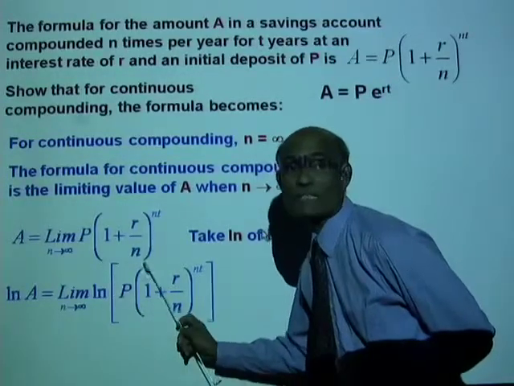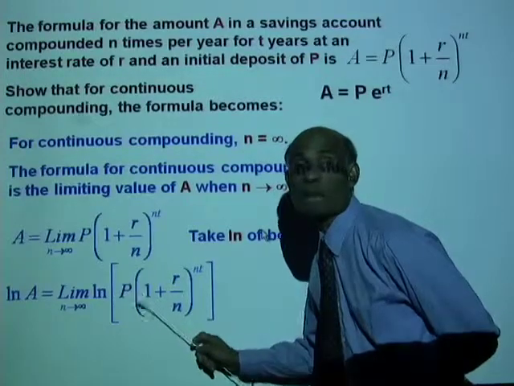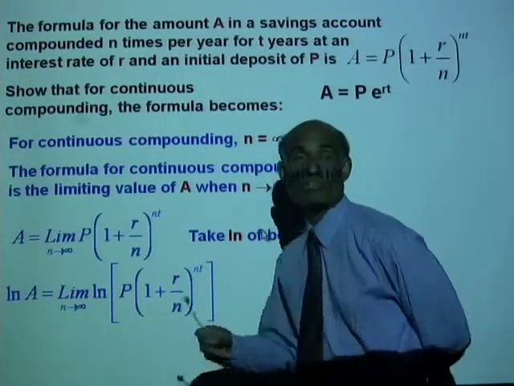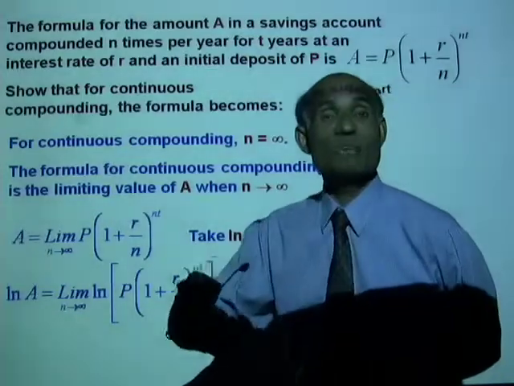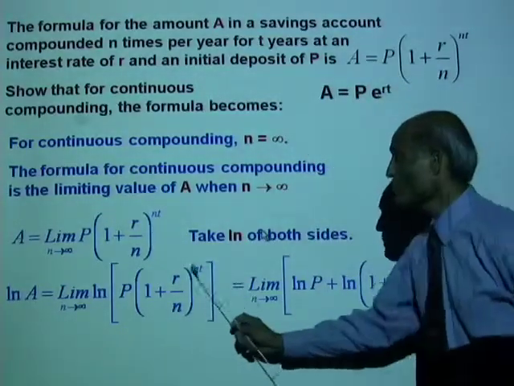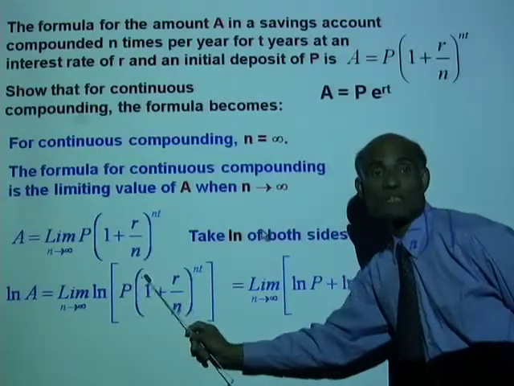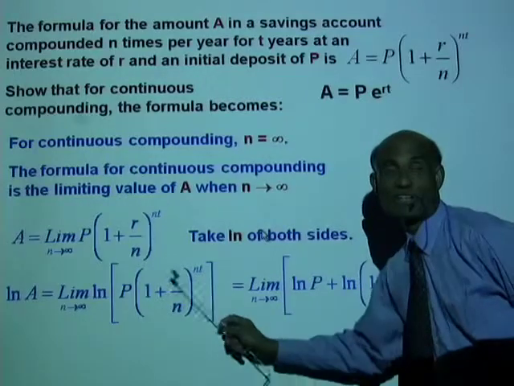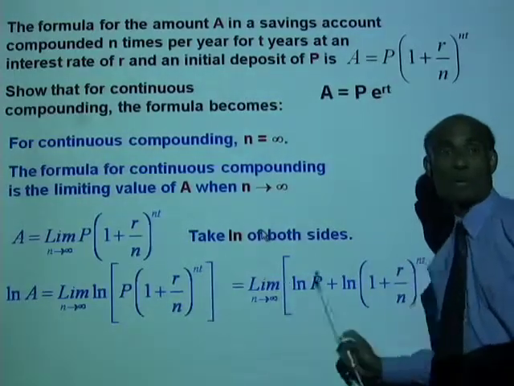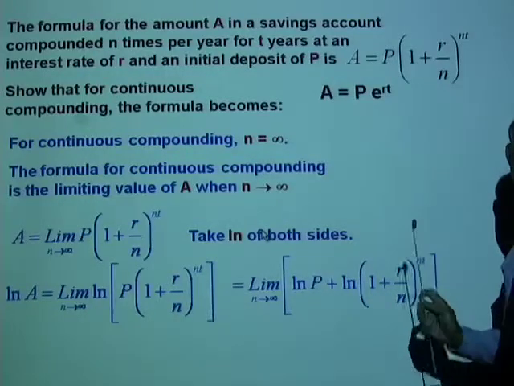Ln of P times a quantity will be ln P plus ln of that quantity. Ln of A times B is ln A plus ln B. So first of all, we simplify this as ln P plus ln of (1 plus r over n) to the power of nt.